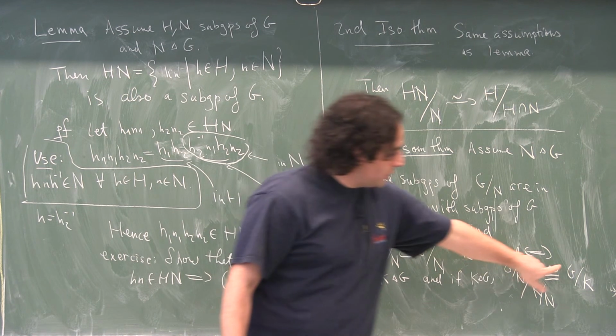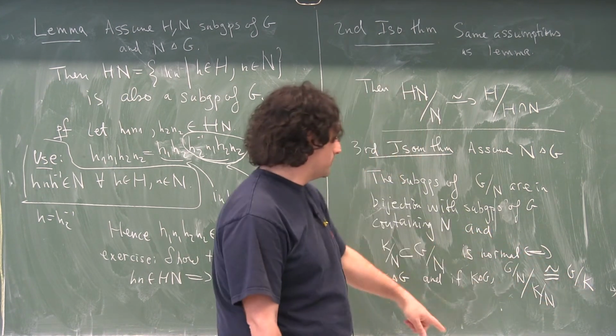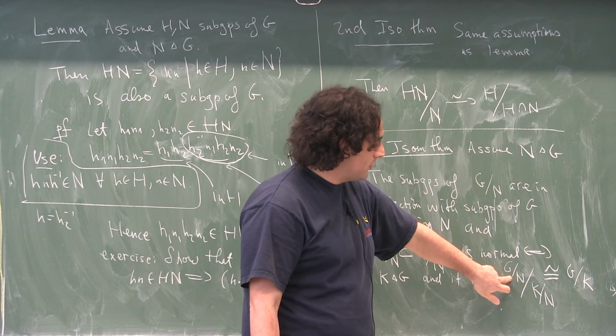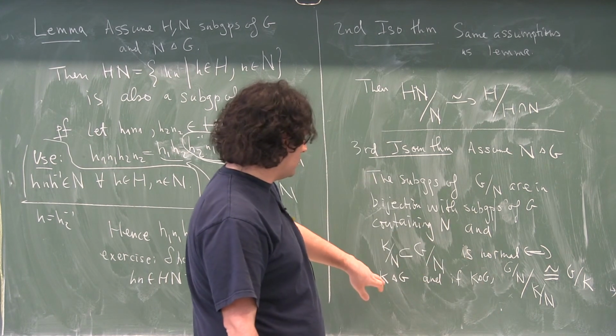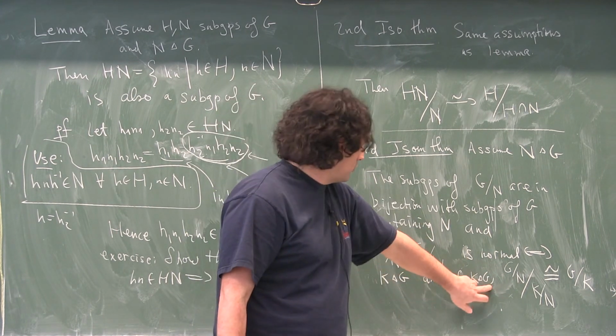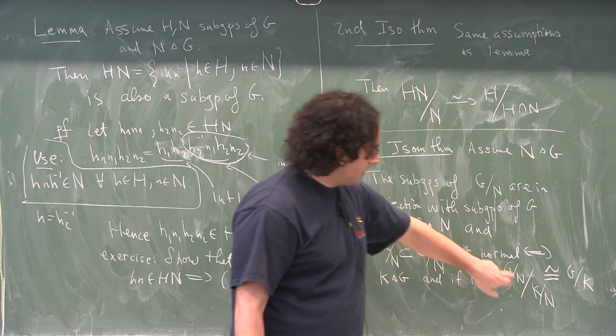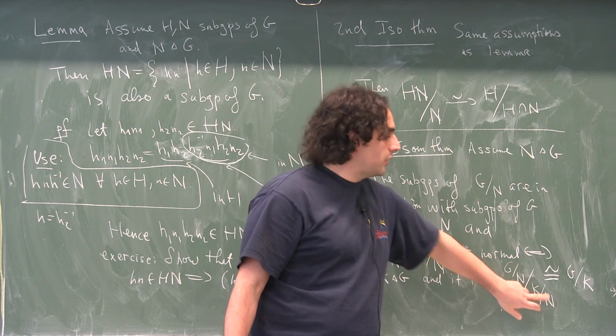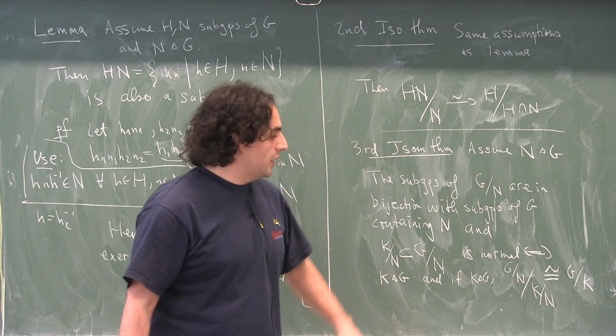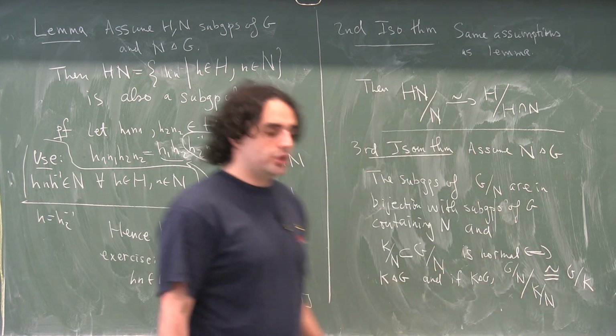Because N is normal in G, I'm allowed to do this quotient. And we said that if K is normal in G, that means that K mod N is normal in G mod N. So I'm allowed to mod out G mod N by K mod N, and the theorem is saying that you get exactly G mod K.